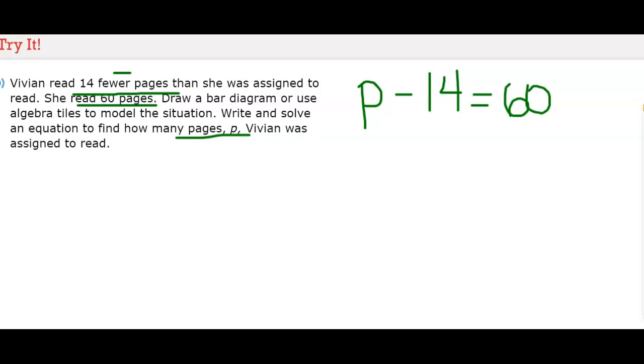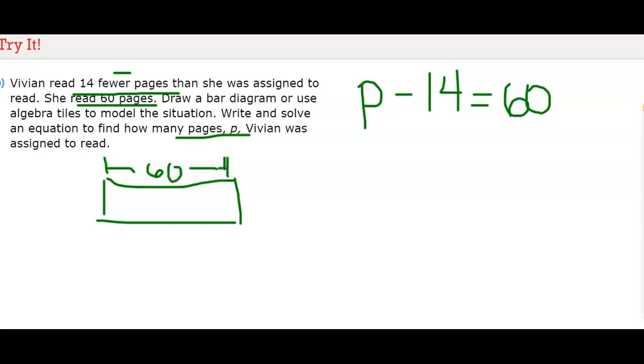So now let's draw, because it asked us to draw a bar diagram or to use algebra tiles. We're starting with 60 total pages that she read. So that's equal to 60 from here to here.